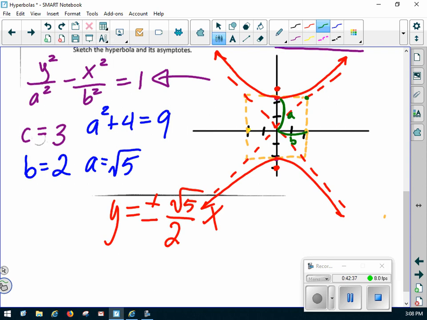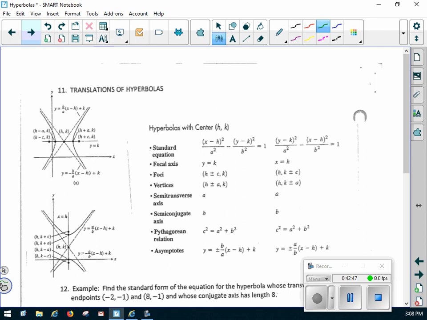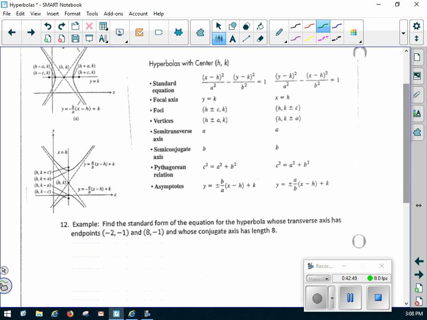Okay. Let's go on to your number 11. What you see here is when you have a center that's not at the origin. Everything works the same way. I promise.